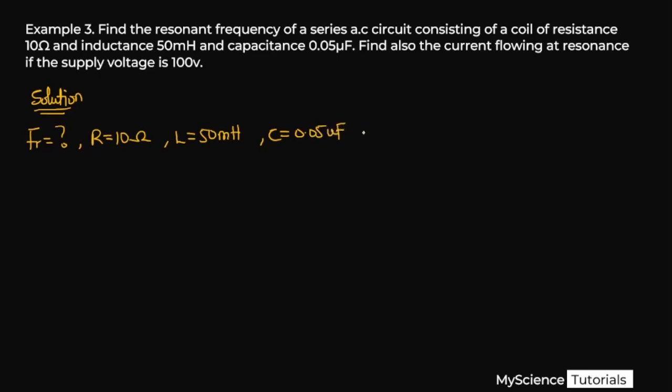And the question is also asking for us to find the current. We don't know the current flowing at resonance if the voltage supply is 100 volt.